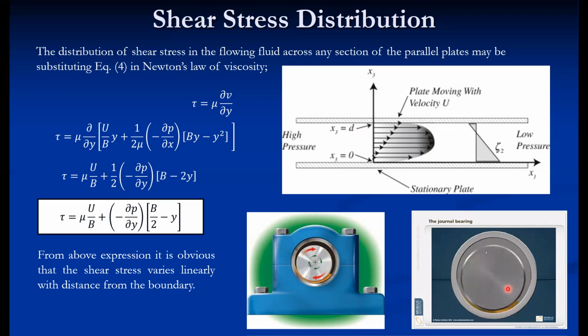So this shaft is rotating, in actual case at a very high speed. And here we can say Couette flow exists because this surface is fixed and this surface is moving. So we can apply this theory to curved surfaces as well, at micro level. This is the practical application of Couette flow.